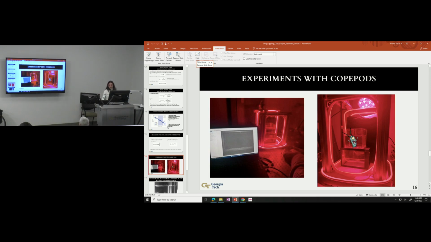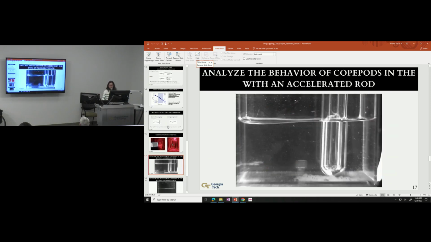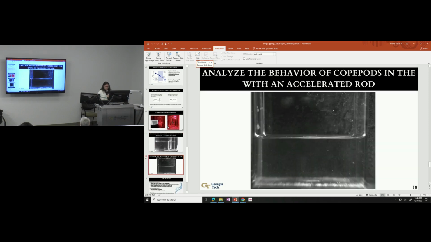So we have to determine an area where the copepods are scared by the rod. So it's a video, and as you can see, it's very difficult to see them. They are very, very tiny. So this is this, and the goal is to analyze the behavior when the rod is in the water.